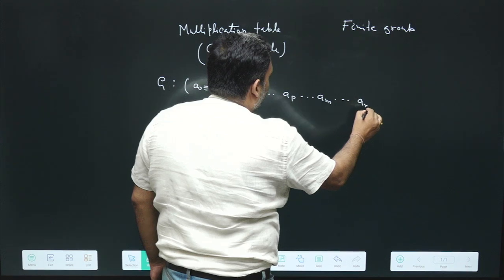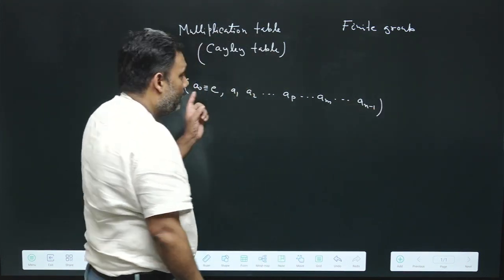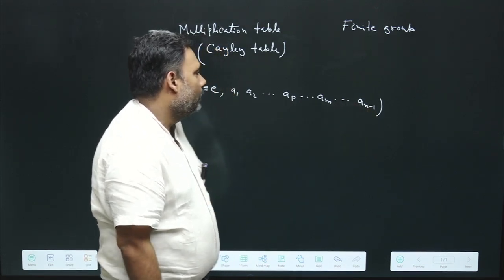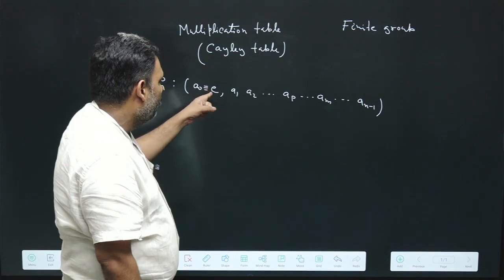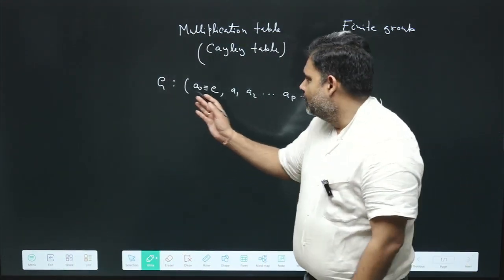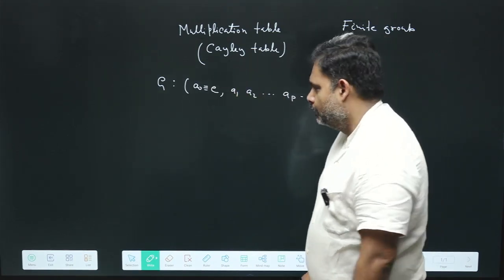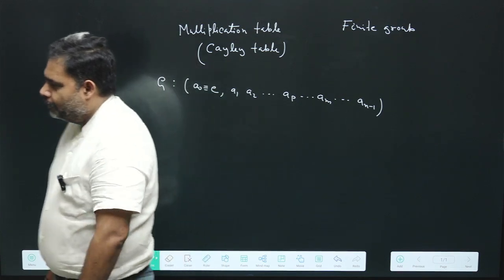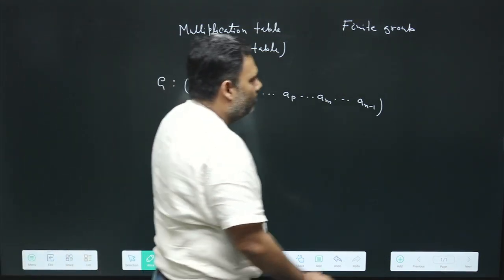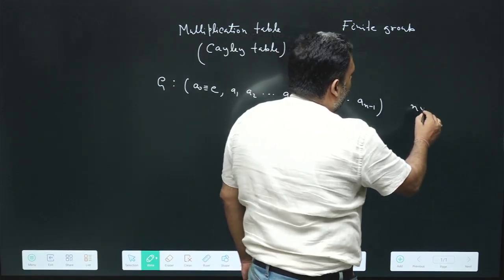Hence it is an order n group, with n minus 1 elements besides a0, which is denoted by e. These are the elements in the group. What we have to do is create an n cross n table.